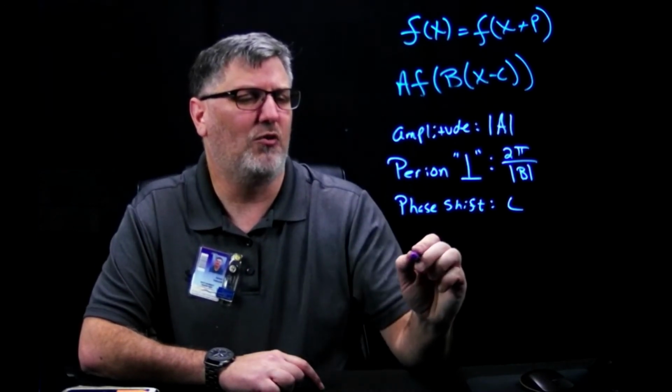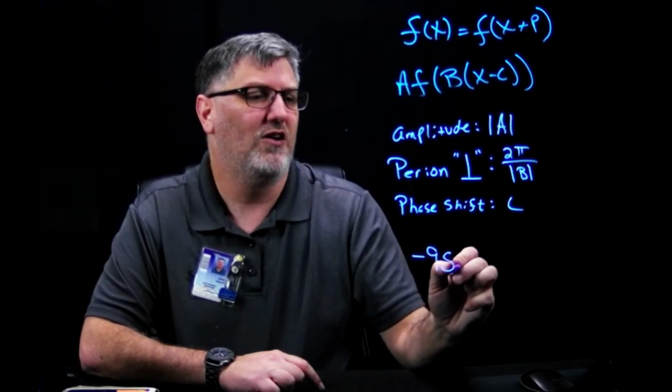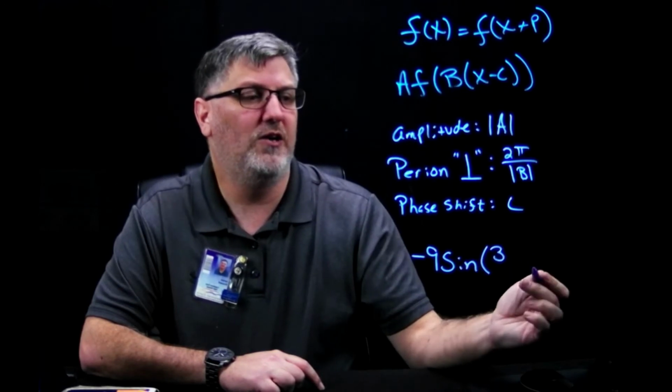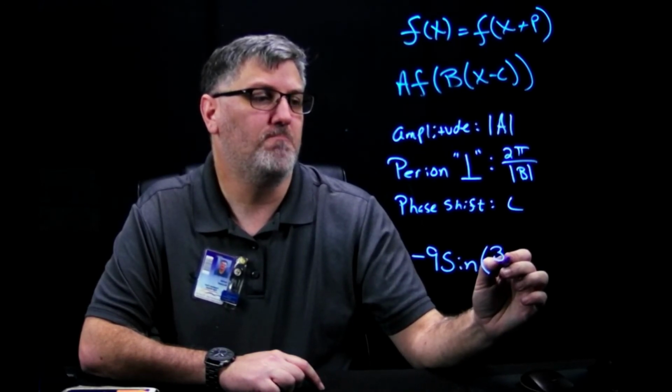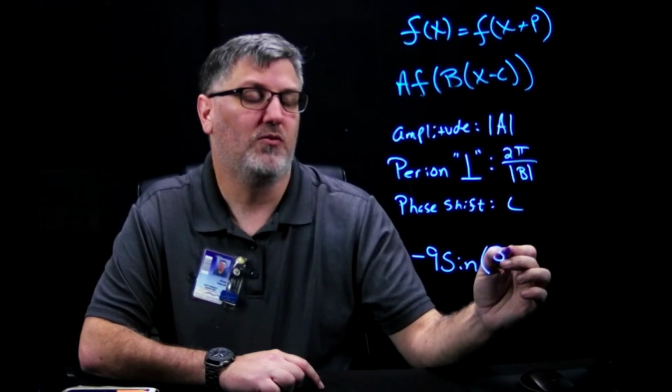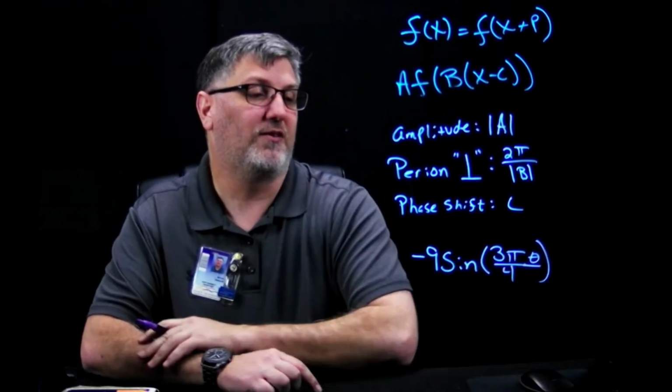So what does this actually look like? Say I have an equation of f of theta equals -9 sine of 3 pi over 4 theta, something like this.